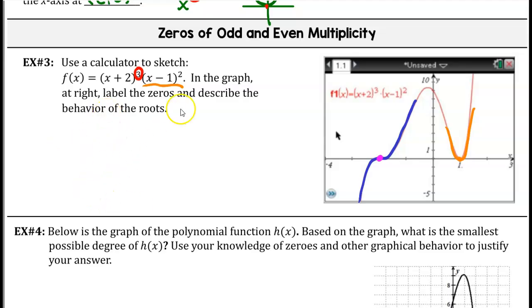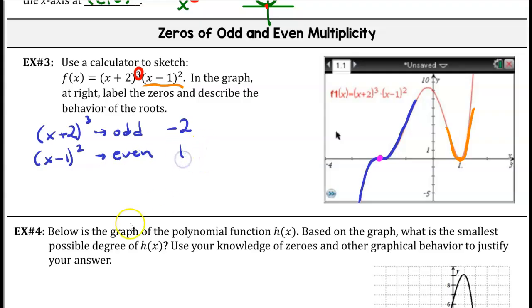Okay. And it says we should probably write all that out. So let's see here. We got this, x plus 2 to the 3rd power, and that's going to be odd, and the root will be at negative 2. And then we have x minus 1 squared, which is going to be an even multiplicity at 1, x equals 1.